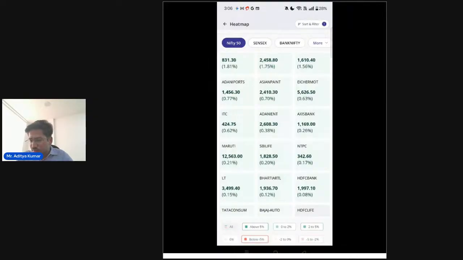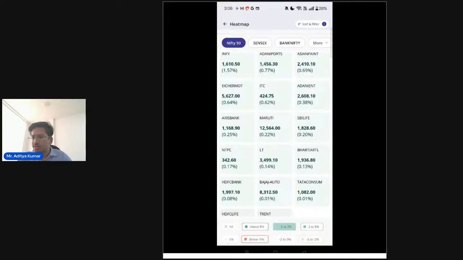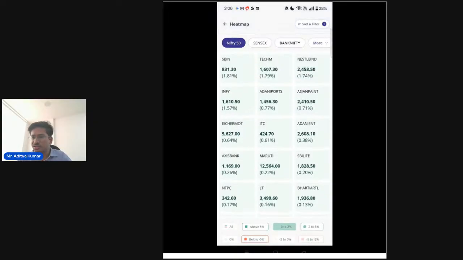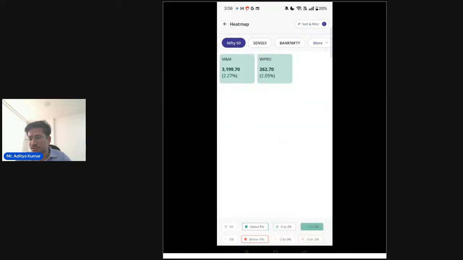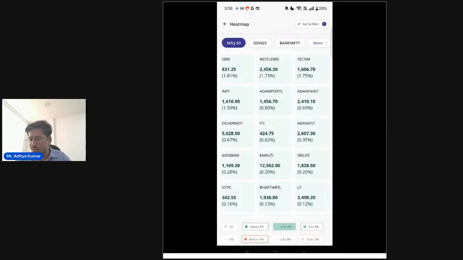Like I will be clicking on the stocks that have moved from 0 to 2% today. You will see all the stocks that moved between 0 to 2%. The stocks that have moved from 2 to 5%, these are the stocks. Same goes with 5%, but as there were no stocks, it is not there. Same goes with the lows.